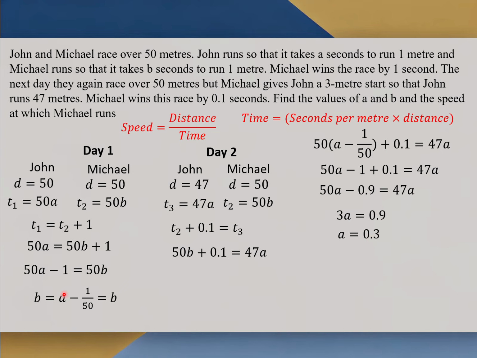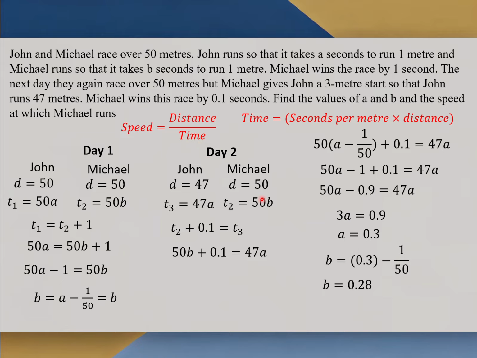To find B, I'm just grabbing this formula down here and substituting my A value. If I put that into the calculator, I will get B is equal to 0.28. The final step is again going back, and now we know A and B, we can look at the speed of Michael, which is distance over time.